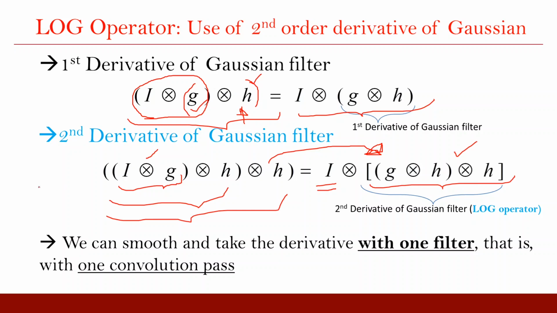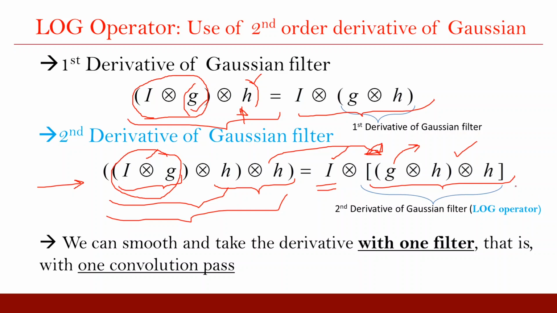So this equation basically says that in place of first computing the smooth image and then applying the derivative on that image, you can get the same thing if you first take the derivative of your Gaussian two times and then apply it on the image.